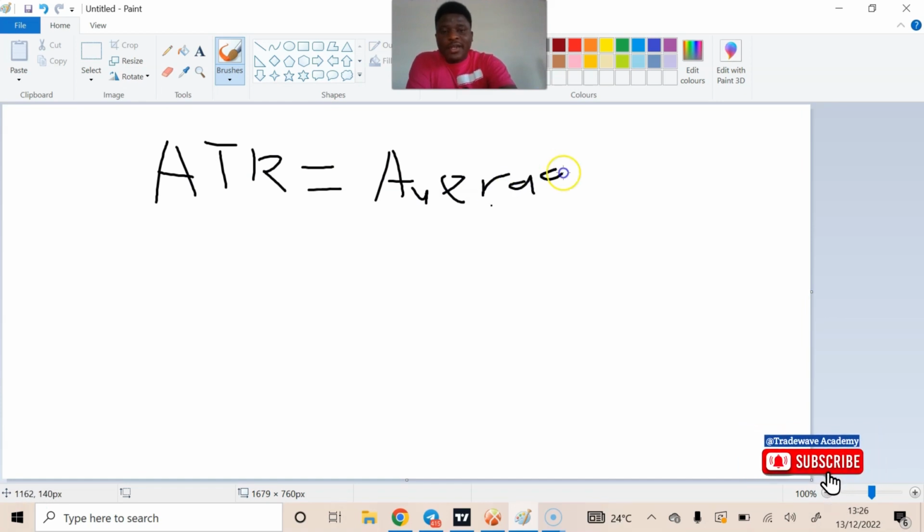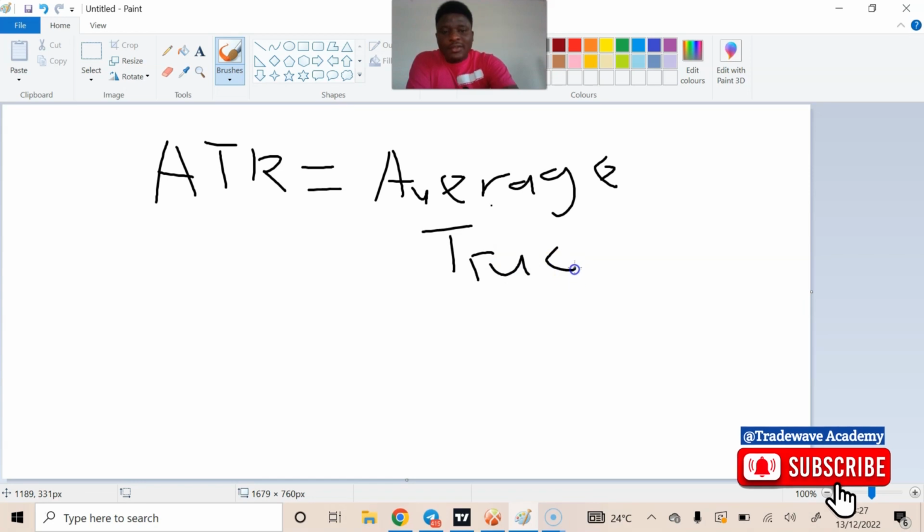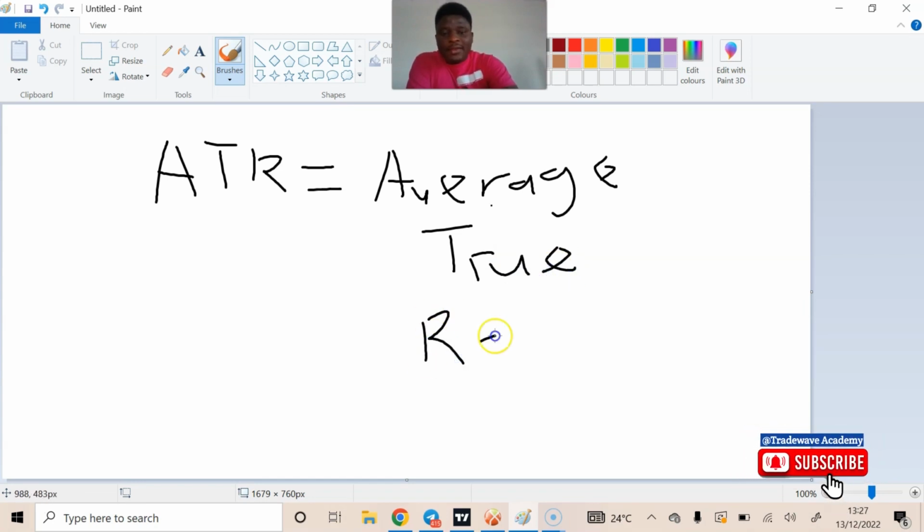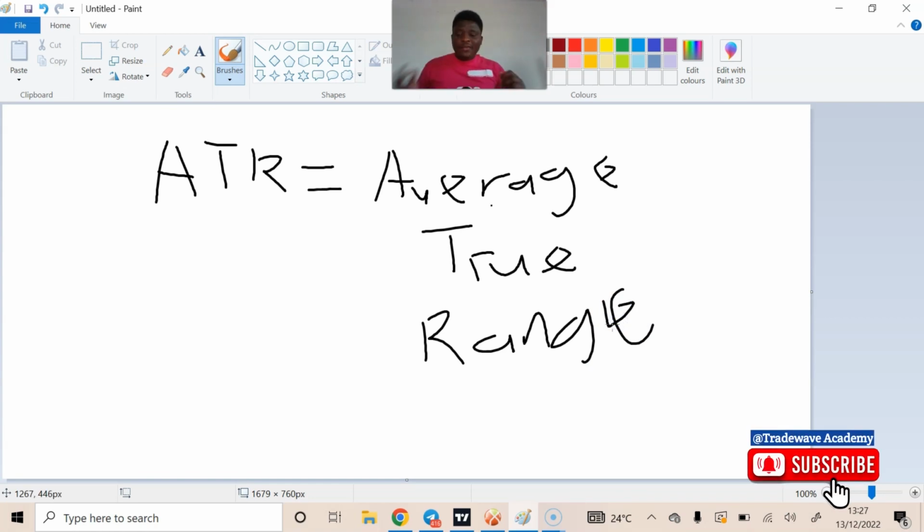Sorry, I'm writing this with my hand, so I hope you bear with me. It's called the average true range. What the average true range does is it simply measures the high and low and the open and close of a particular number of candlesticks and gives you the average range of the bars.